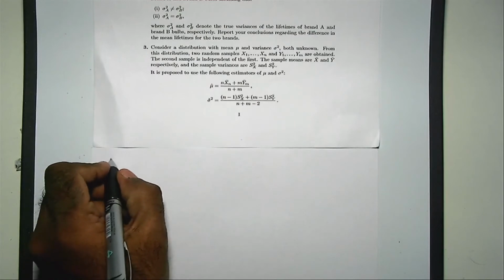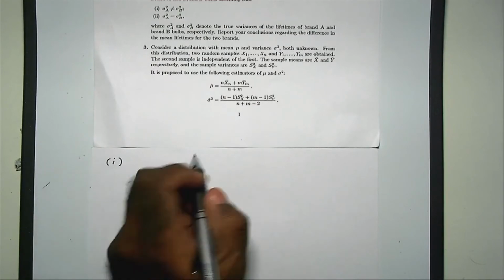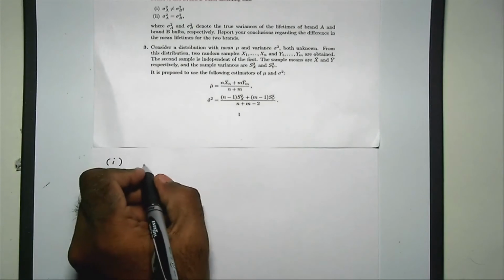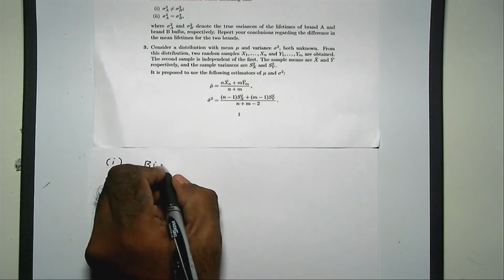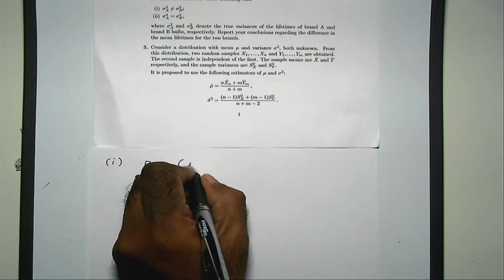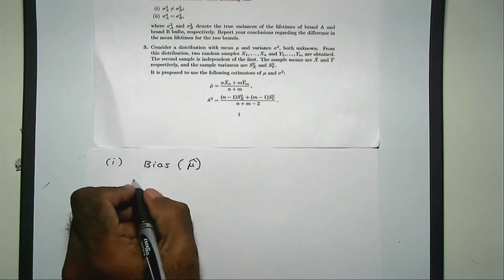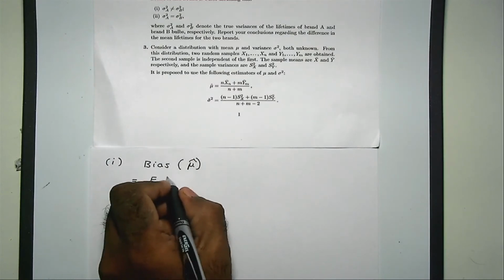So this is part 1. So we want to show that both these estimators are unbiased. So let's start with the first one. Okay, bias of mu hat, which is, as you all know, the expectation of mu hat minus mu.